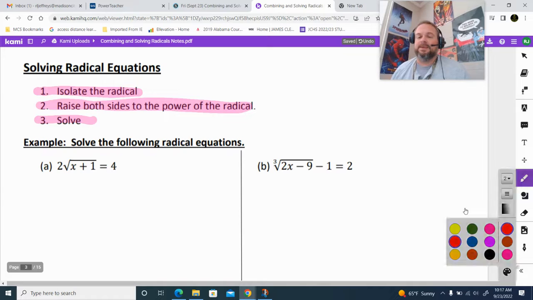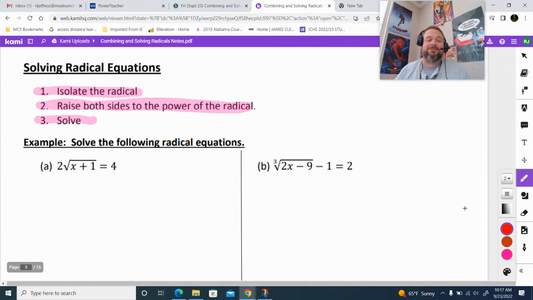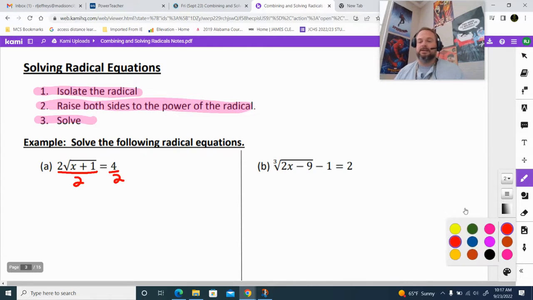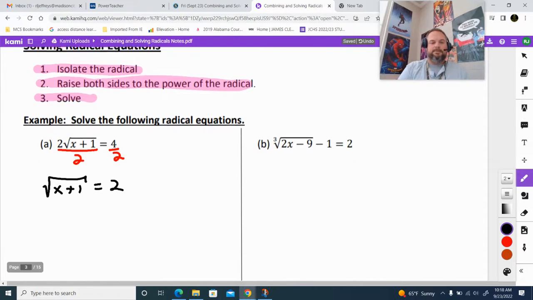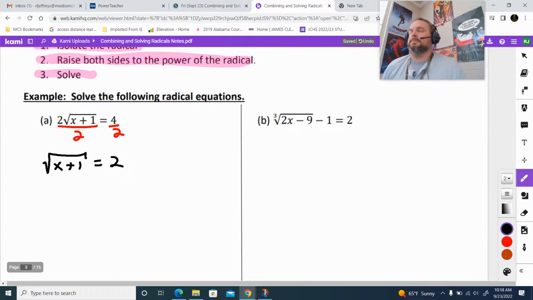So now, when I say isolate the radical, just like if this was the variable, if this was 2 times x, what would we have to do right here to get rid of the 2? Divide. So we now have the square root of x plus 1 equals 2. Okay? Now, what would we do to get rid of this square root?